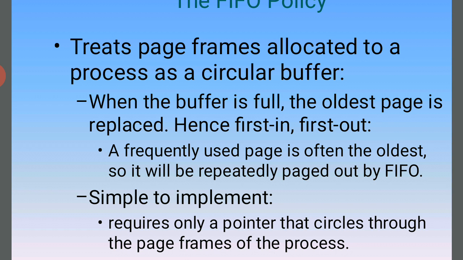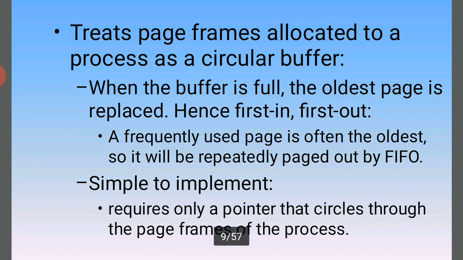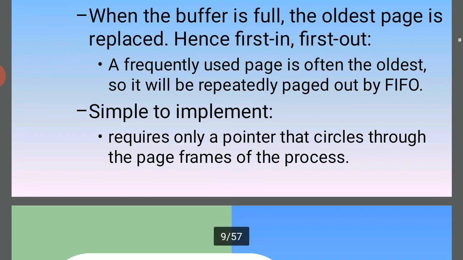A frequently used page is often the oldest, so it will be repeatedly paged out by FIFO. It is simple to implement and requires only a pointer that circles through the page frames of the process.